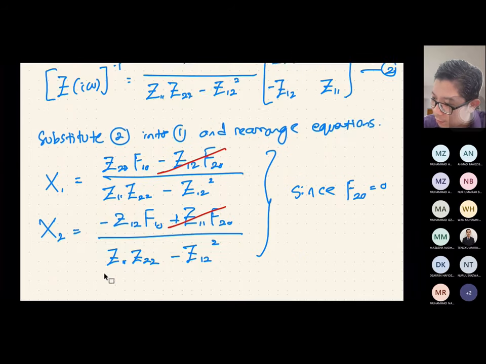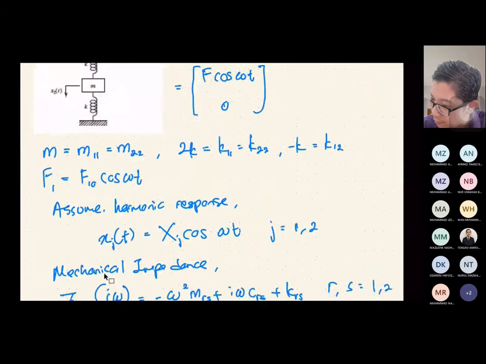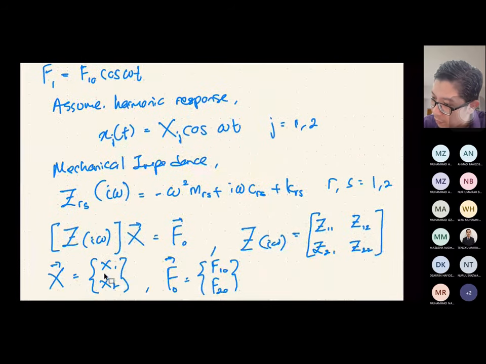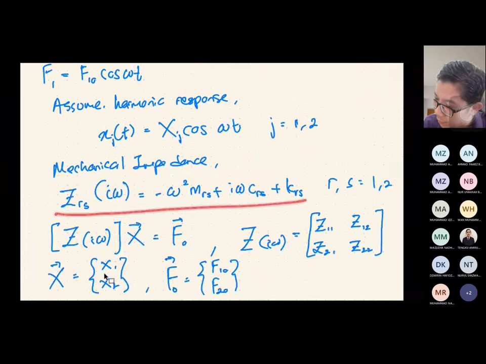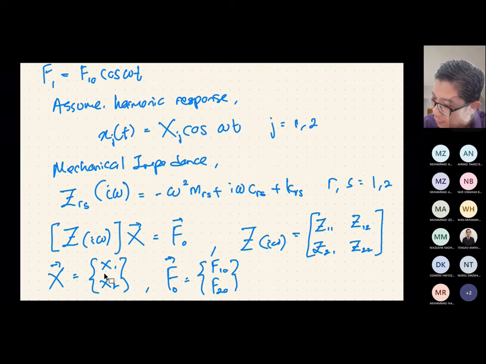Okay. So if we go back tadi to the general equation for mechanical impedance, so Z equals to negative omega squared m plus iωc plus K, right? So kat sini, since kita tak ada damper, so there's no C over here.